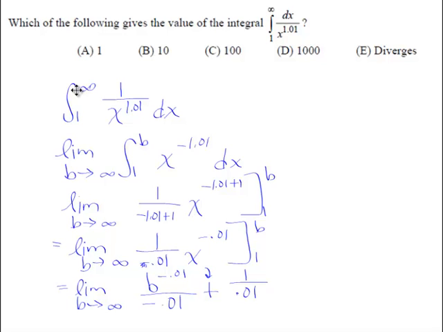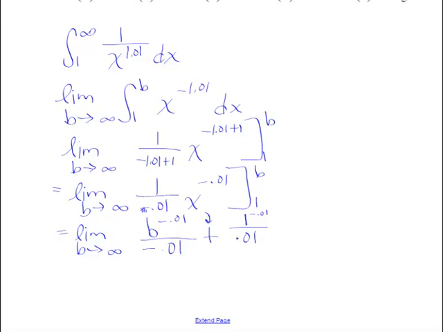And then the numerator is going to be positive 1 to the negative 0.01. So let's see what's happening here. We can rewrite this term with a positive exponent on b, putting the negative in the numerator. That should help us realize that 1 to the negative 0.01 is still 1.